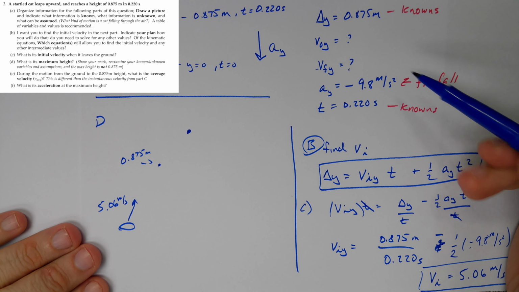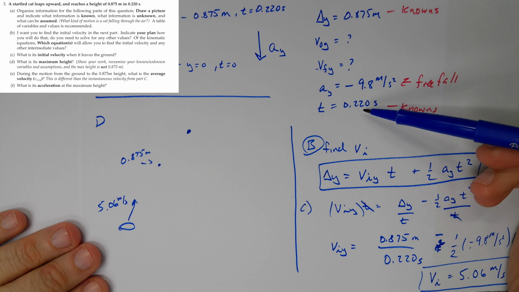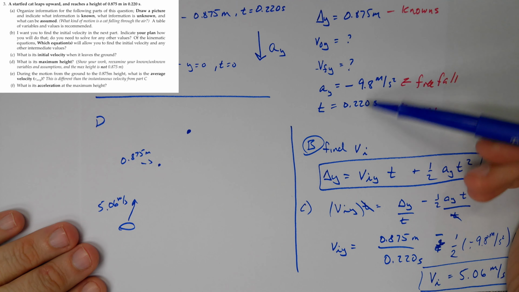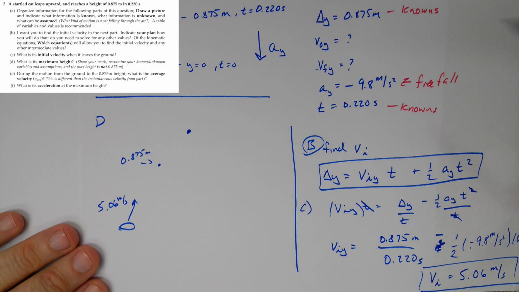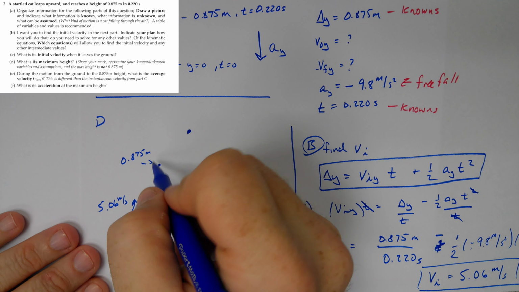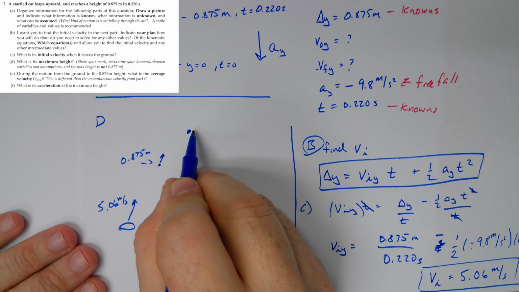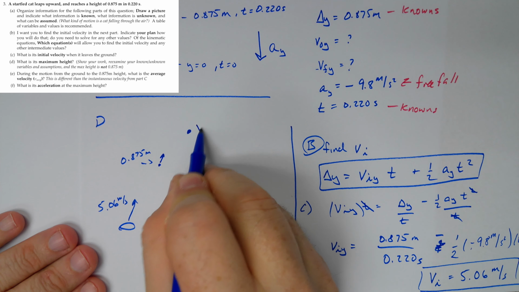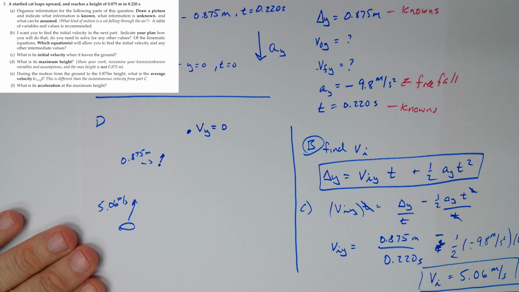It's still positive. This is going to be about 2 meters per second change, and so it goes from 5 down to about 3. But still positive here, still going upwards. At this point, this is where it returns back to the ground. This is going to be v in the y direction is 0 at that point.